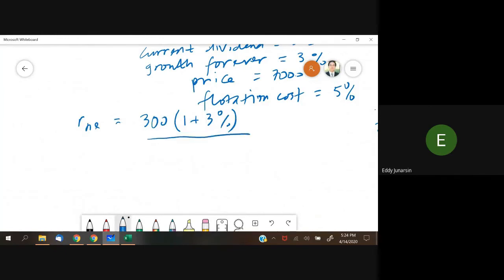Divided by 7,000, right? However, it will be cut by the flotation cost of 5%, plus the constant growth forever 3%.